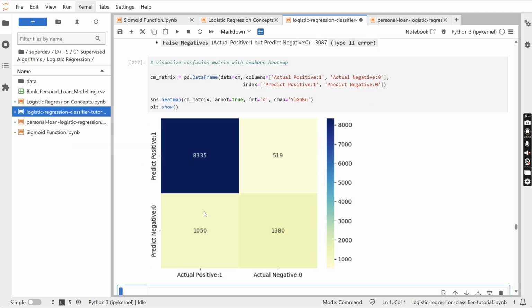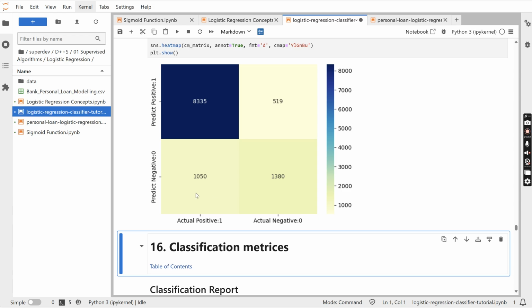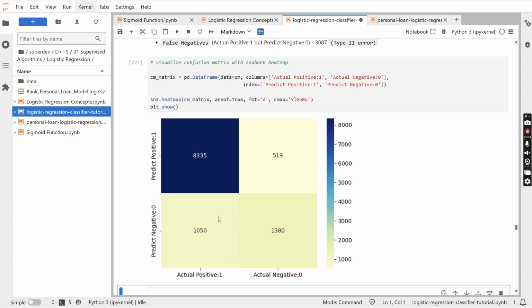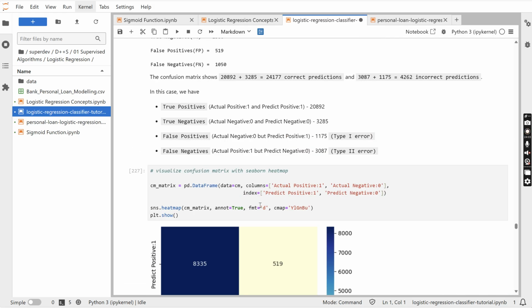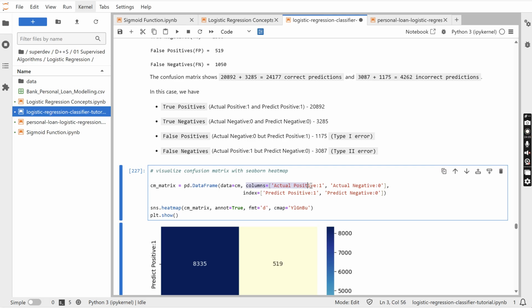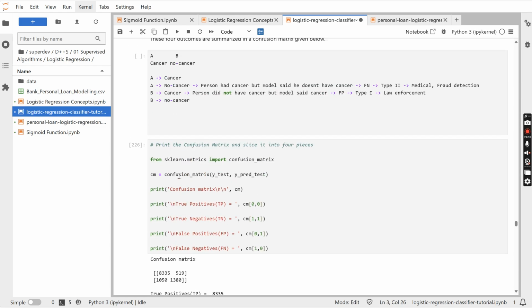Now when you get these actuals versus predicted calculations correctly, notice the heat map here. Usually predicted values will be on the top, but in this case it all depends on how you are calculating this CM matrix.